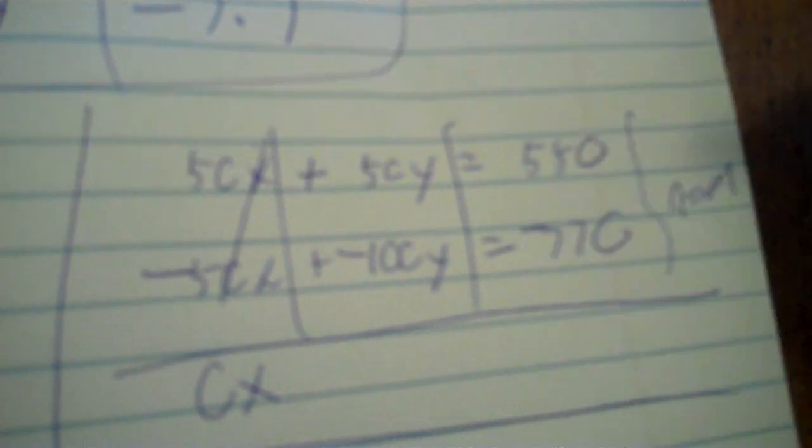Okay, when you add, again, that's not going to add to 0 unless you make that negative. So there's my 0x. 50 plus negative 100 is negative 50y. And 550 plus negative 770 is going to be negative 220.